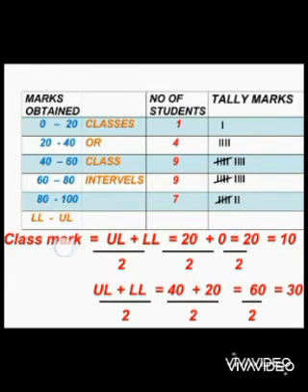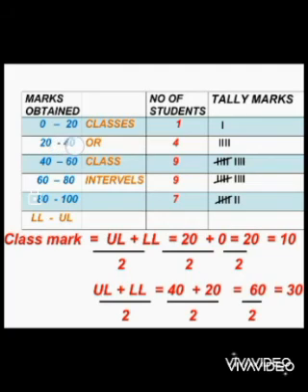Here class mark is nothing but upper limit plus lower limit by 2. Upper limit is how much? See the first class interval, children. Here upper limit is 20 and the lower class limit is 0. So upper limit plus lower limit by 2, 20 plus 0 by 2, 20 by 2, which is equal to 10.